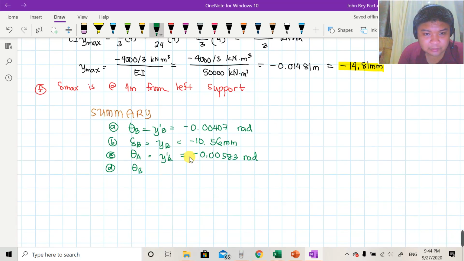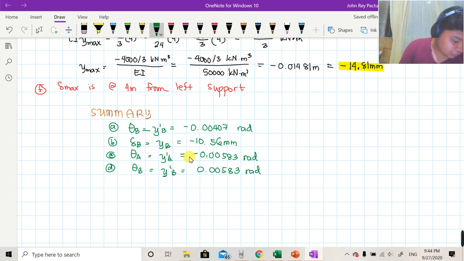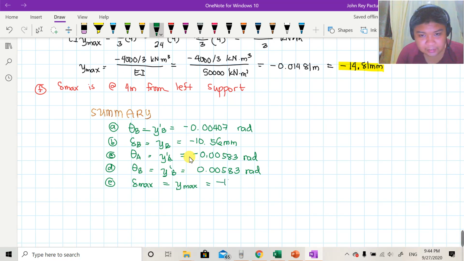Pang-apat is the slope at B, or simply, the y prime at B is positive 0.00583 radian. Diba? So, yun lang naman yung sagot natin. The fifth question is the maximum deflection, or simply y max, negative 14.81 mm. And yung pang-anim is the location of the maximum, 4 meters from the left support.